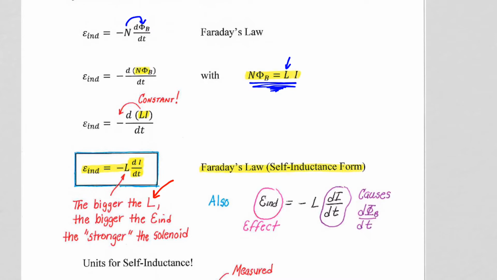And what we have here is very similar to what we've seen in past lessons, past concepts in physics, where we have cause, we have effect. The induced voltage, the induced EMF, is the effect. The cause is the changing current, which is the cause of the changing flux, which then creates the effect of the induced current, and we have our parameter L.